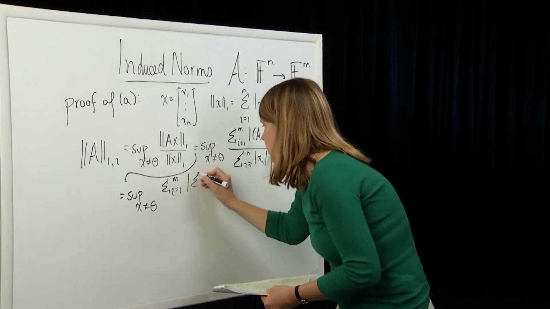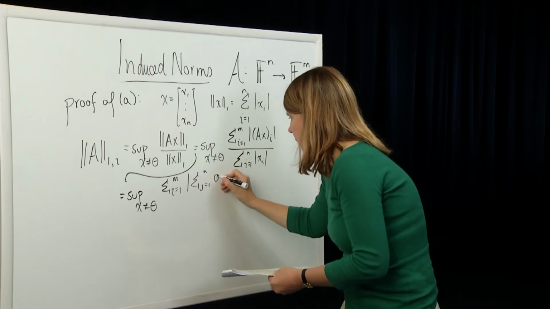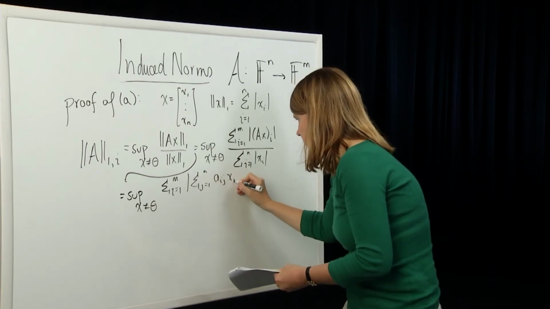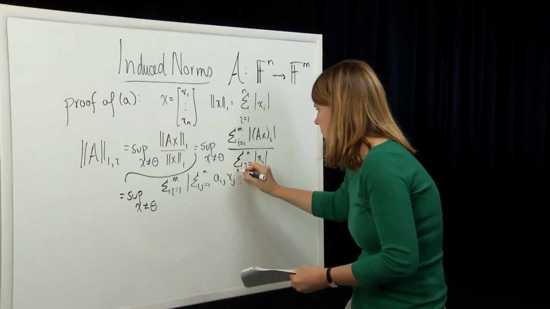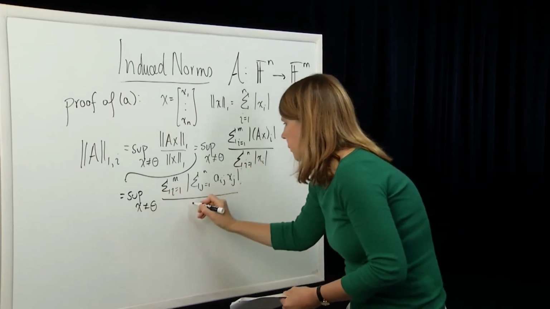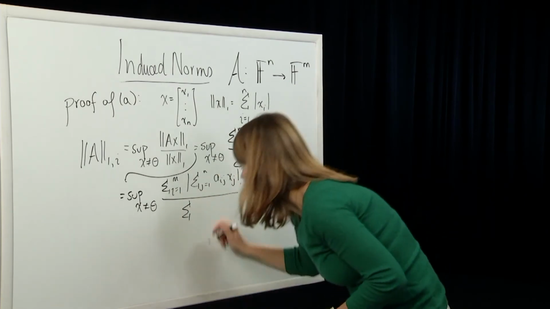So that's the summation from j equals 1 to n of aij xj, absolute value, simply absolute value, over the summation from i equals 1 to n of |xi|.